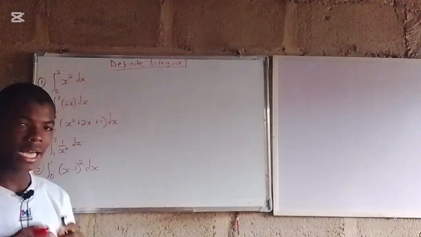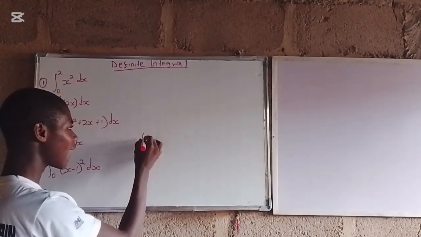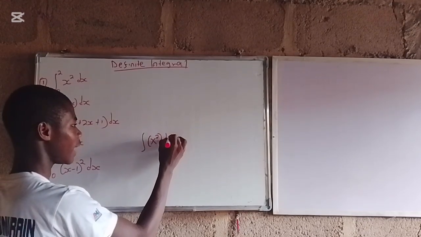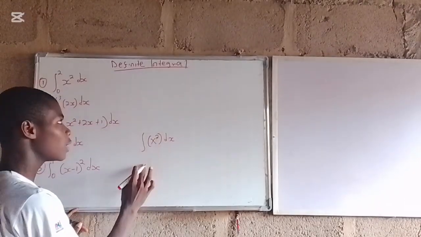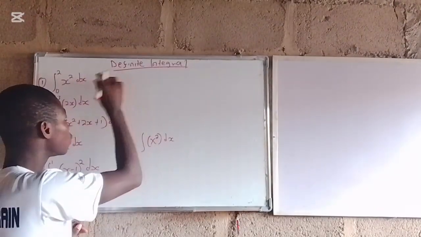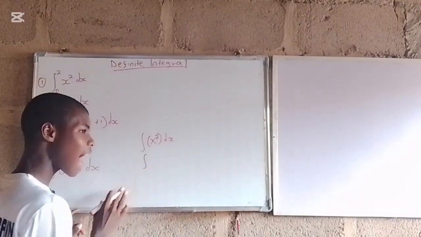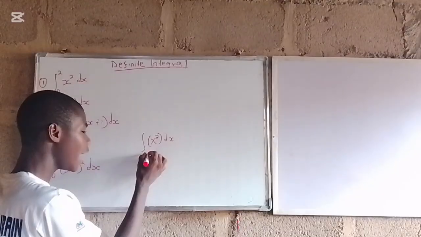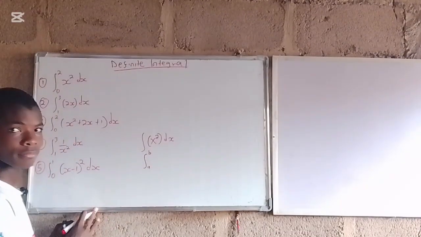The difference between definite and indefinite integral is that an indefinite integral has no limits. Let's say this is x squared dx. This is an indefinite integral, it has no limits. But the definite integral, which is the one we are going to see today, has limits a to b.